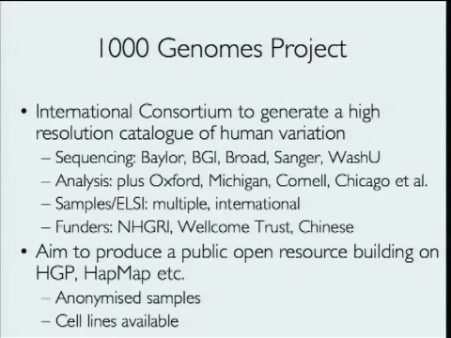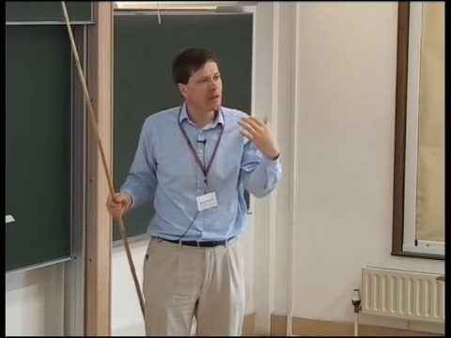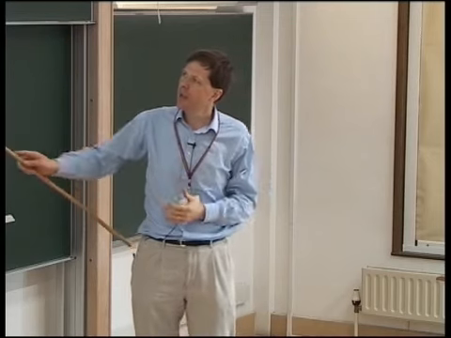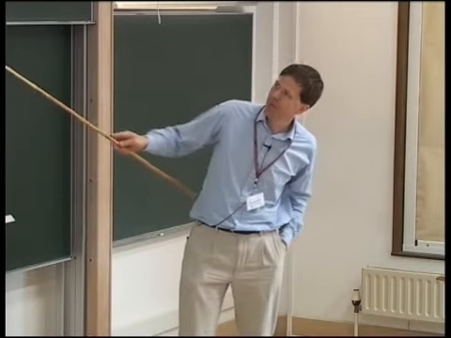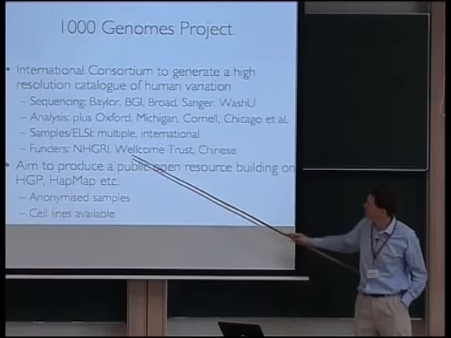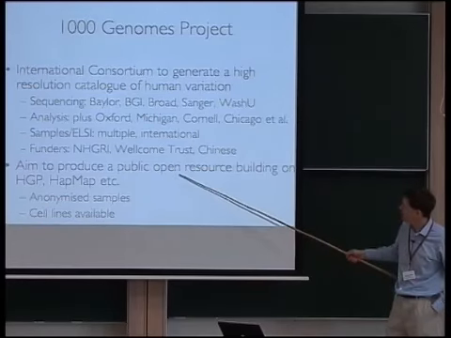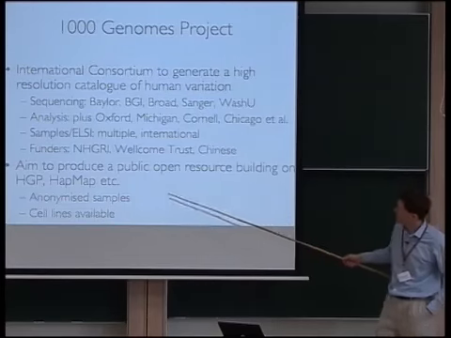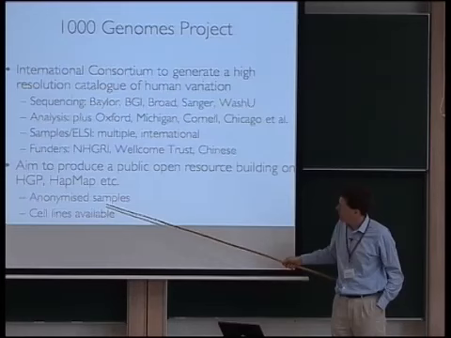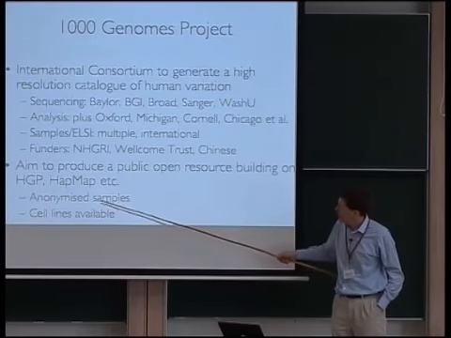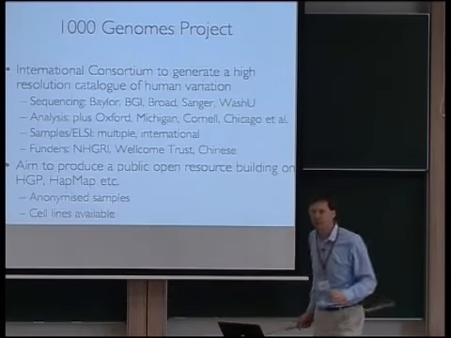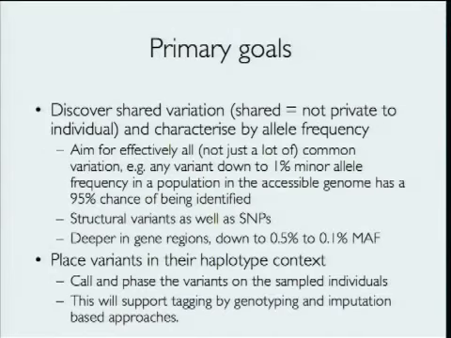There's a big sampling and ethics effort to ensure that we're doing this in an ethical way, and because we've got data on specific people, that's done with proper consent and so on. And of course there's funding from NHGRI, part of NIH, and Wellcome Trust, and the various Chinese government and local government centers. And the aim is to produce a public open resource like the Human Genome Project or HapMap. Anonymized samples, and there will be cell lines available for further experimentation on the same individuals.